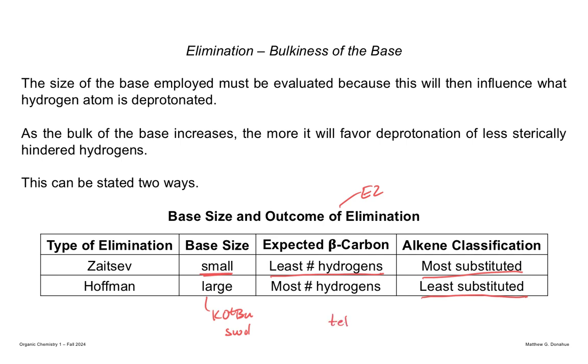So this was our alkene stability trend. And what this slide is telling you is that even though we prefer more substituted based on stability, you have a choice in altering that.